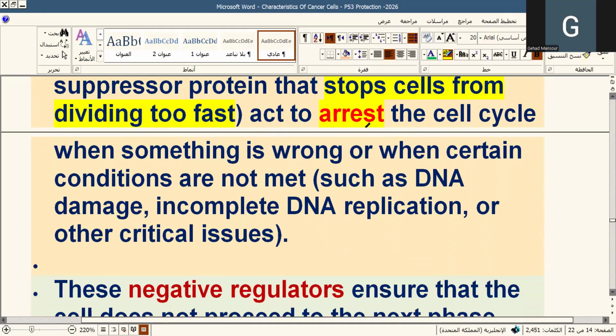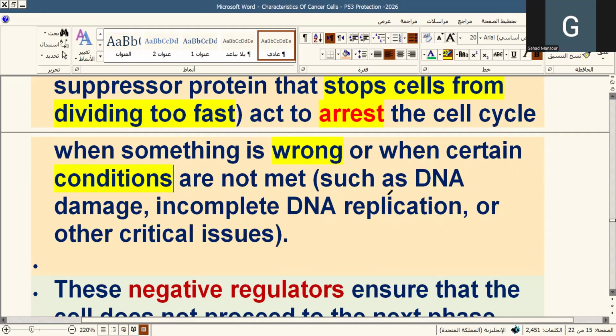So when is the cell arrested? The cell is arrested when something is wrong with the cell or when certain conditions are not met. For example, when there isn't enough nutrition or oxygen for the cell.